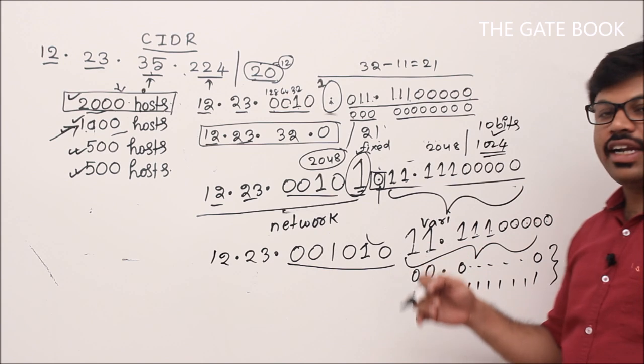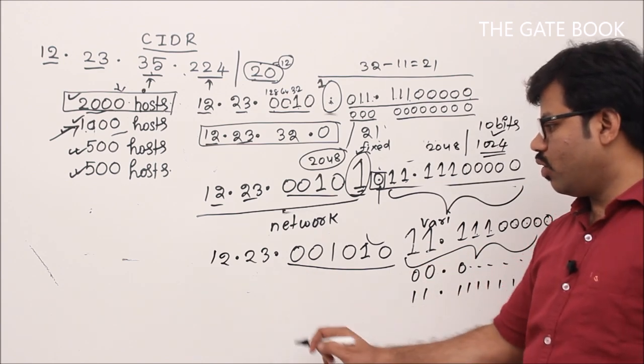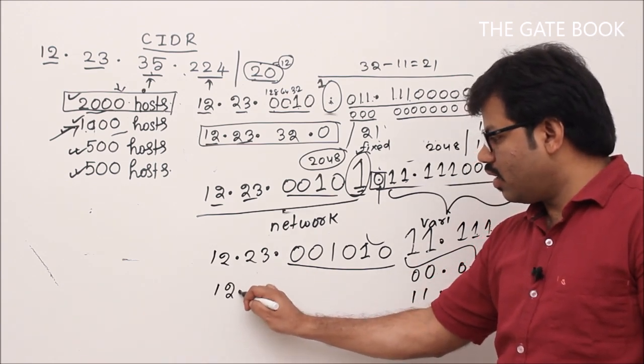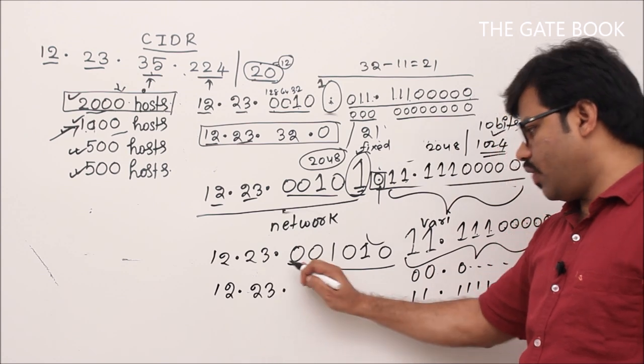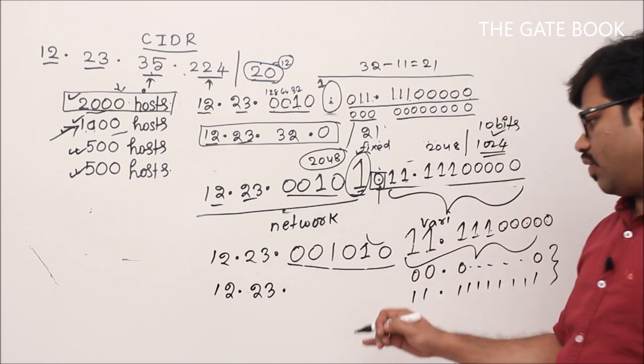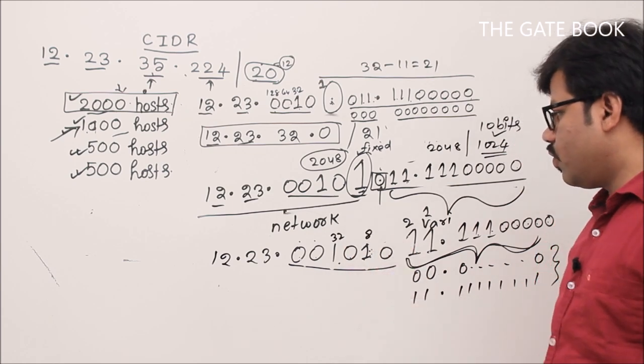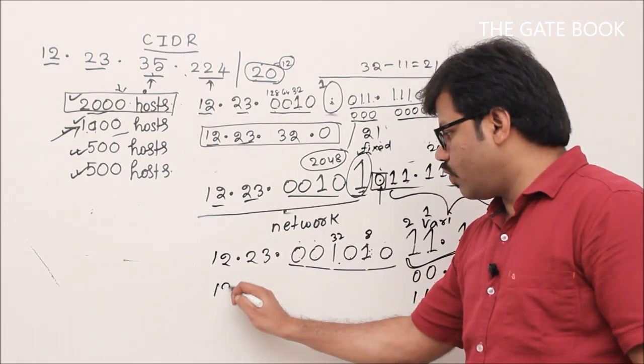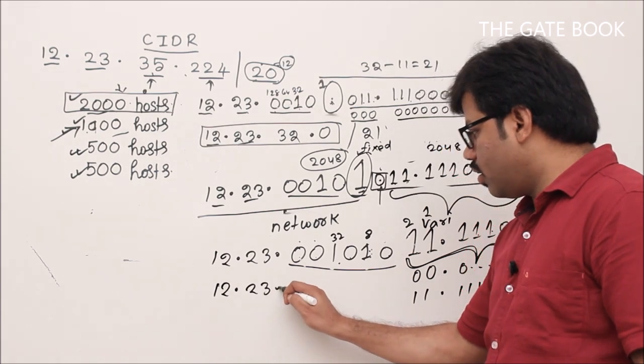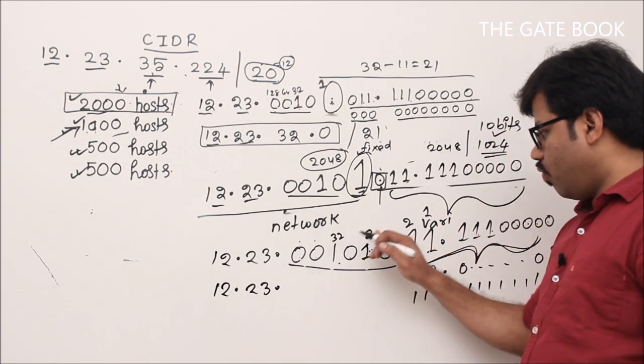What is the network ID for that? Now you want to know that? Simple, 12.23, so it is fixed now, don't touch it. What is the value of that? We will see. So this will be 32, this will be 8, correct? Now if you see, this is fixed, 12.23 dot, what is the value of this one? 40.